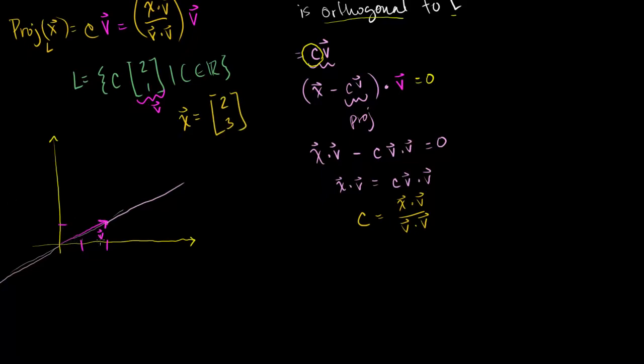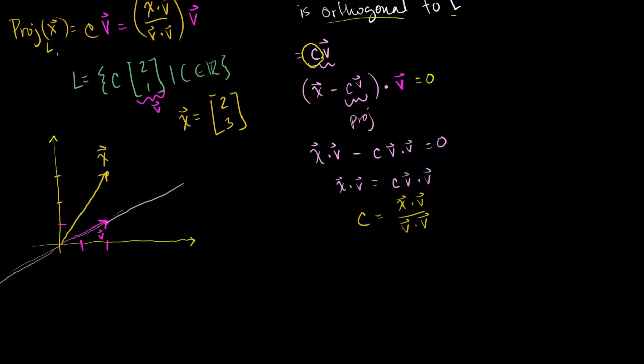So let me draw x. x is 2, and then you go 1, 2, 3. So vector x will look like that. That is vector x. And what we want to do is figure out the projection of x onto L.